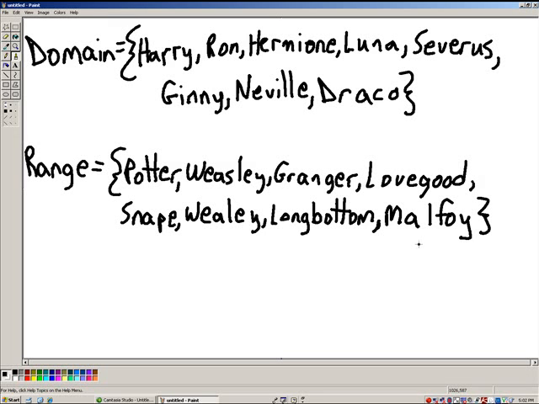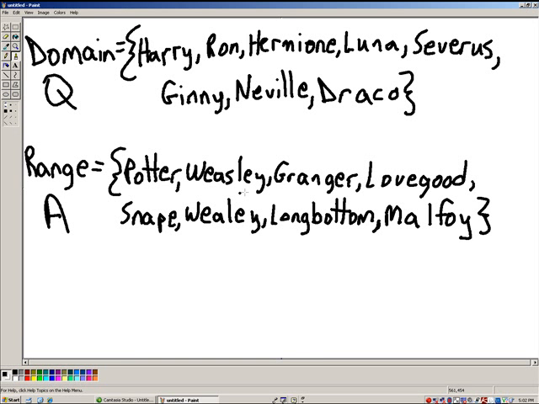Now, when we were asking about the first names, what is the last name of Harry, then we were getting Potter. Remember, the domain is the question and the range is the answer. When there were no duplicates in the domain, we're not having any of these show up twice in the domain, it is a function.